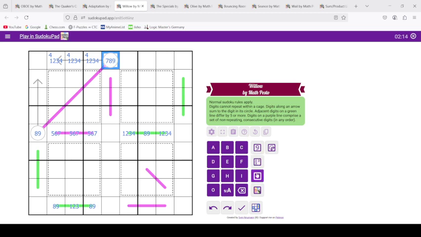This can't be a 6. It's 7, 8, or 9. This can't have 7, 8, 9 on it. This can't be a 9. One of those has to be a 9. For this 9, this would be 9, 8, 7, breaking that cell.